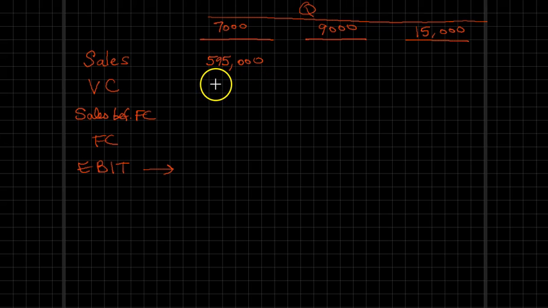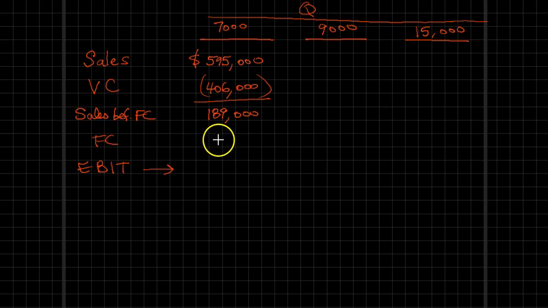$595,000. Variable costs, recall that is $58 per unit. Multiplying it with the 7,000 units of sale, we would come across $406,000. So the difference will give us the sales before fixed costs, and it's quite easy to realize that this is equal to $189,000, the difference between 595 minus 406.